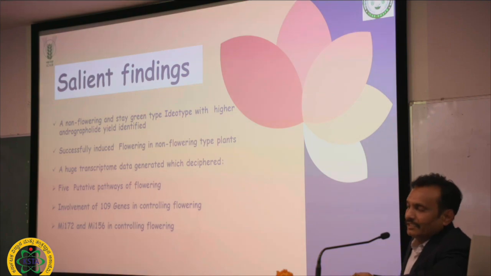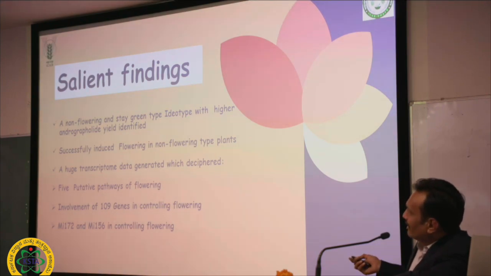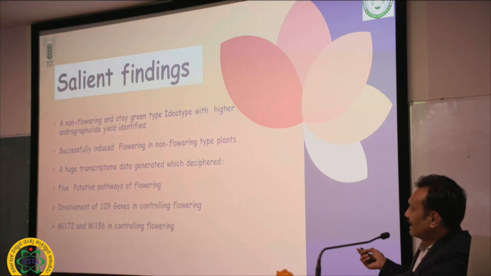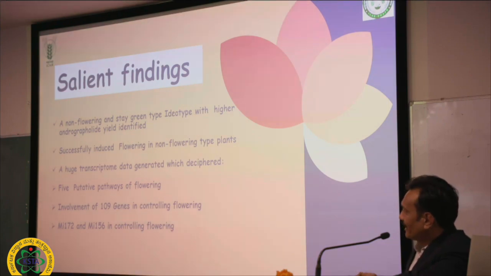So from this study, we have identified a non-flowering and stay-green type ideotype with higher Andrographis yield, and we have successfully induced flowering in non-flowering type plants. A huge transcriptome data was generated, and we have deciphered 5 putative pathways of flowering.